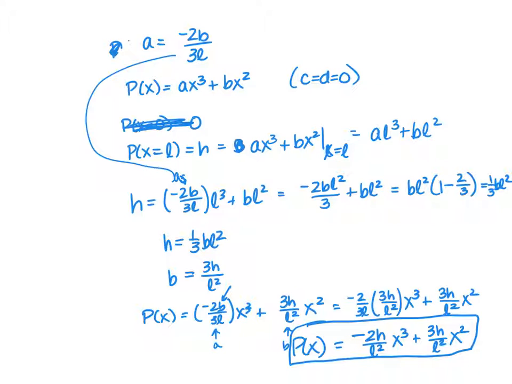And so then what I have to do next is work with this expression and use the information about velocity and acceleration. And that's where that chain rule is going to come into play. So I'm going to rewrite this. p of x is equal to minus 2h over L cubed x cubed plus 3h over L squared x squared.